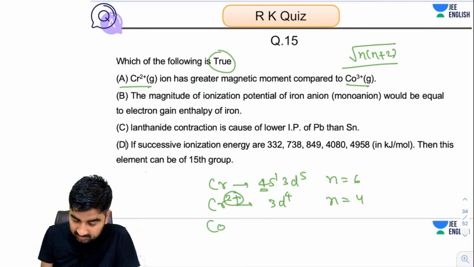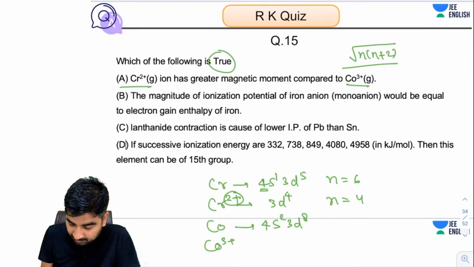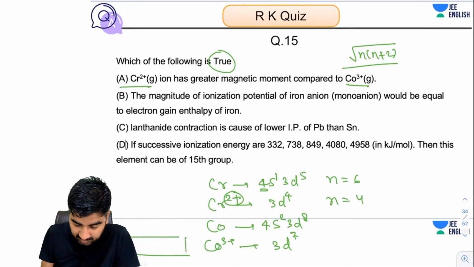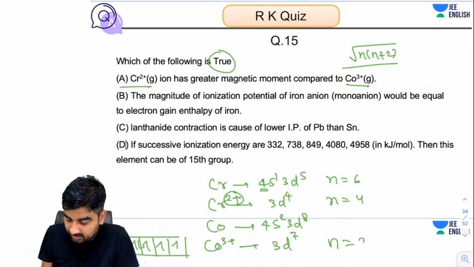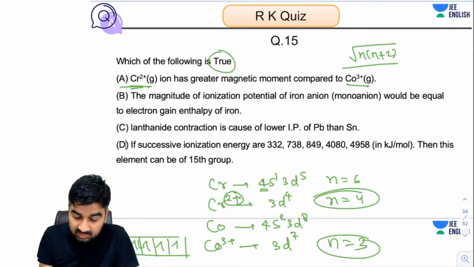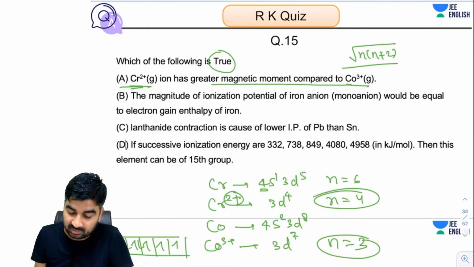Now cobalt is 4s2 3d7, and Co3 plus, it will be 3d... number of unpaired electron will be 3. So n will be 3. So here n is 4, here n is 3. So Cr2 plus has greater magnetic moment compared to Co3 plus. So this is true. So answer is A.